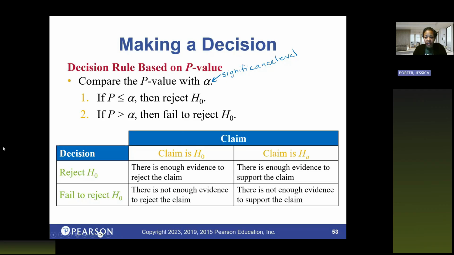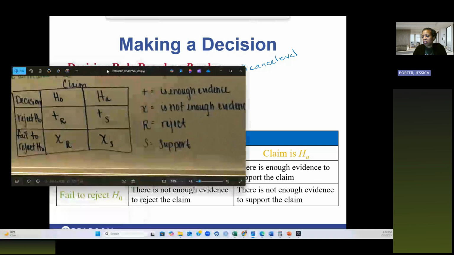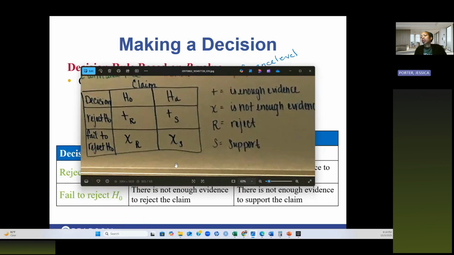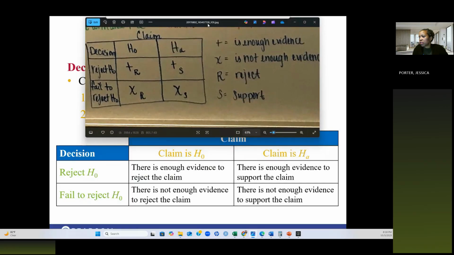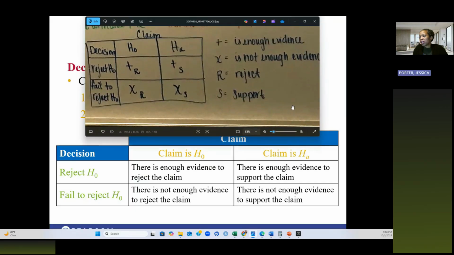Here's a graphic that I like to use with my students because it makes it easier to imagine the wording. You can take a screenshot or write it down real quick. It's giving you the same information as this table, but I've got pluses and X's and the verbiage on the side. Plus is enough evidence to reject, plus is enough evidence to support the claim.